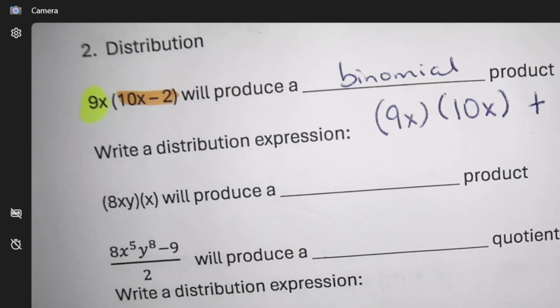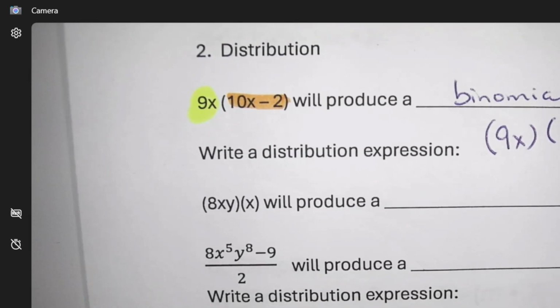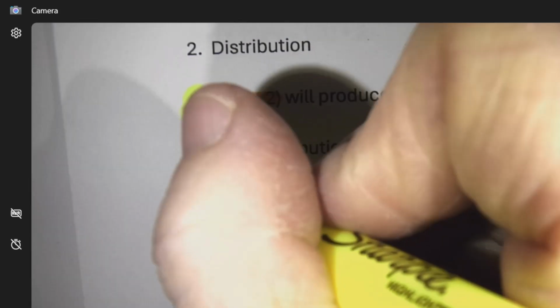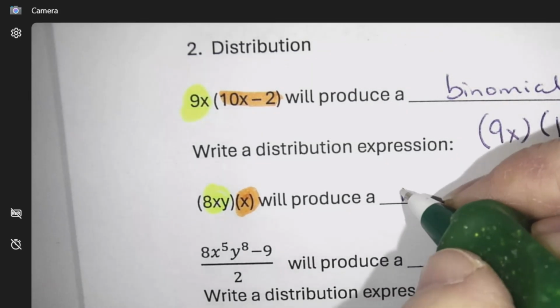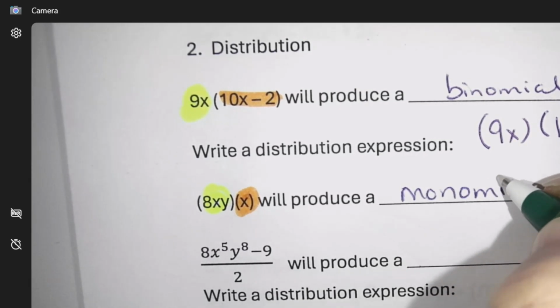Okay. On example 2, 8xy is a term, so it's a monomial times x. So what happens if you do a monomial times another monomial? You're just going to get one thing.